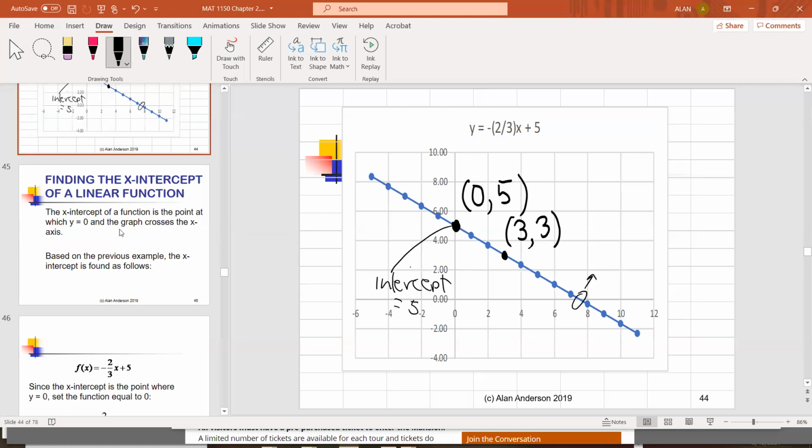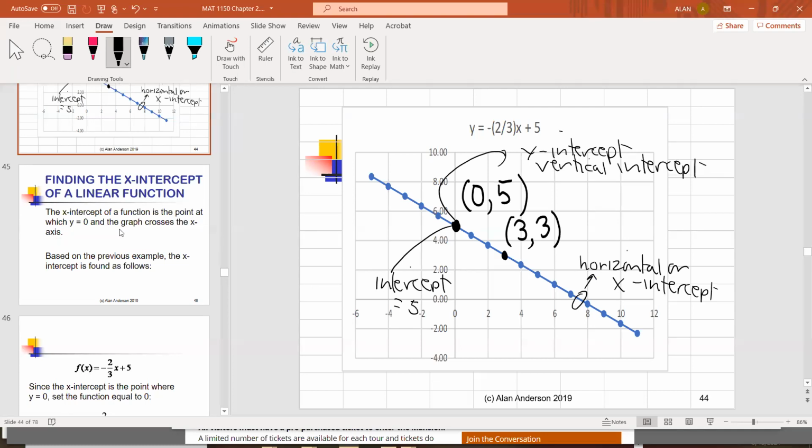That would be defined, this point, as the horizontal intercept, or sometimes you can think of it as the x-intercept. You don't see it used as often. Usually we think about the y. This is the y-intercept, or sometimes it's called the vertical intercept. And this is staring you in the face when you look at the equation of a straight line.